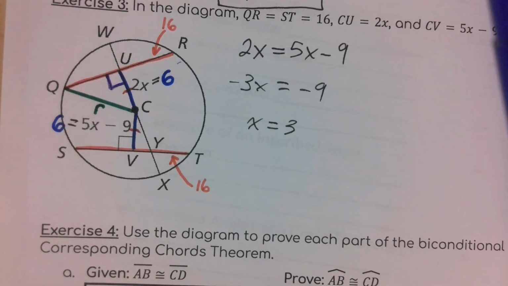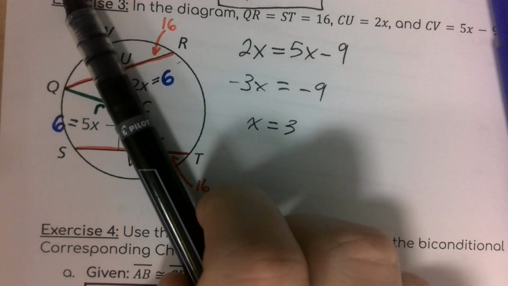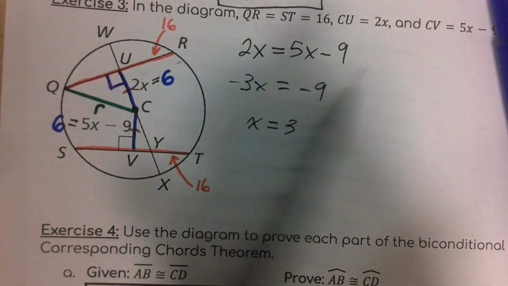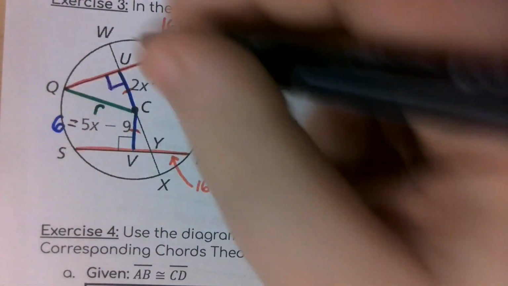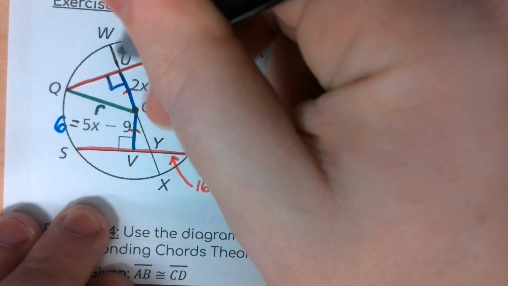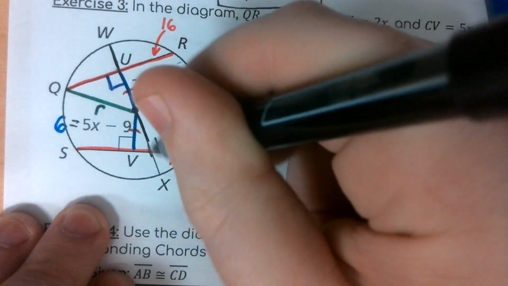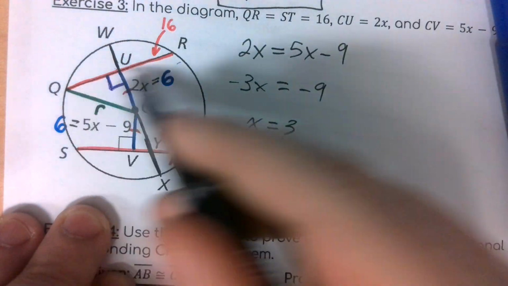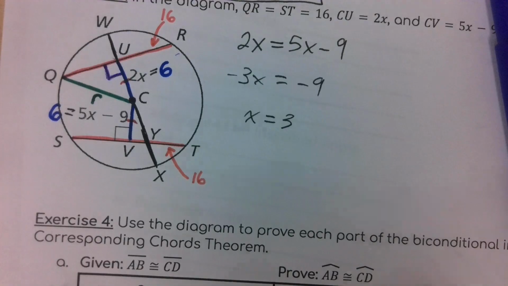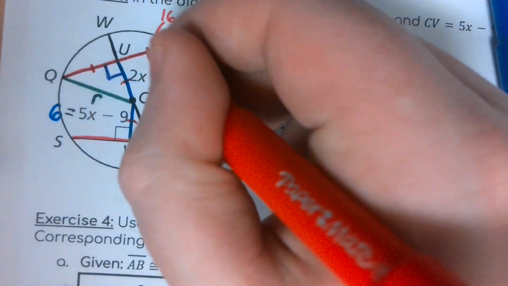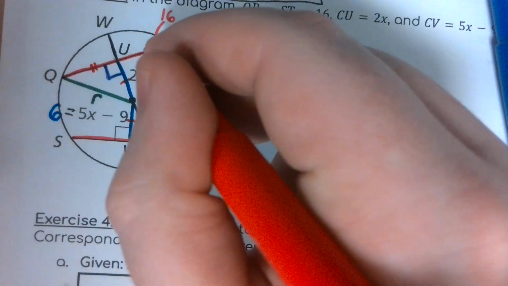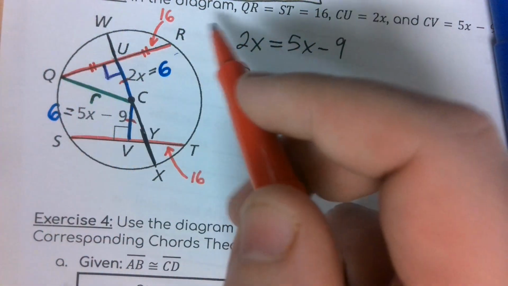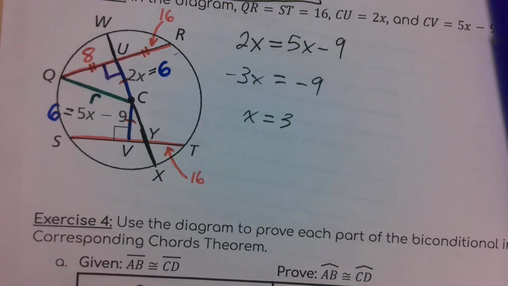And in this diagram, we do have a diameter perpendicular to chord QR. Because WX is a diameter, and because it's perpendicular to this red line here, we know that QU and UR are both going to be the same. In other words, if the entire line segment is 16, this portion of the line segment is 8.